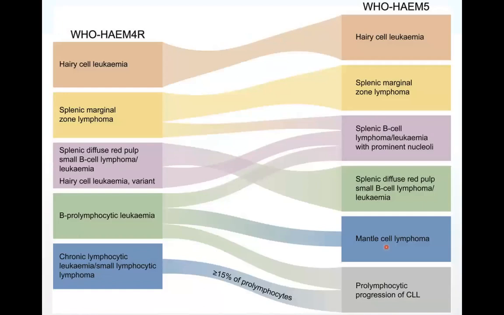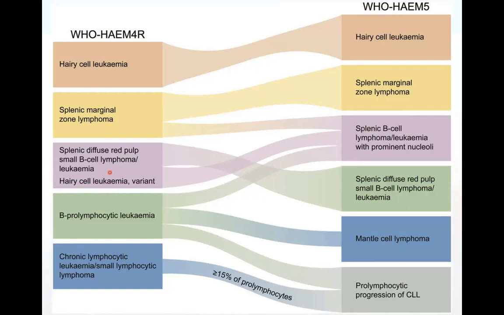So this photo, I have taken from the original article, and this pretty much sums up whatever we have read till now. Hairy cell leukemia in the 5th edition remains hairy cell leukemia only, okay? The splenic marginal zone lymphoma, the majority of cases will remain splenic marginal zone lymphoma, but a small part of it will go into this new entity, that is splenic B-cell lymphoma/leukemia with prominent nucleoli.